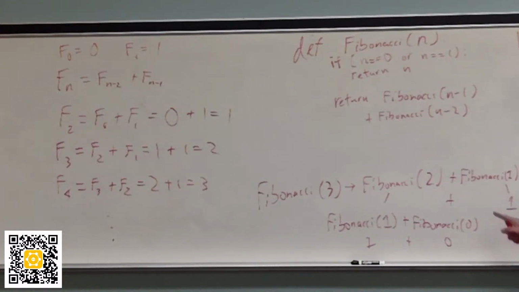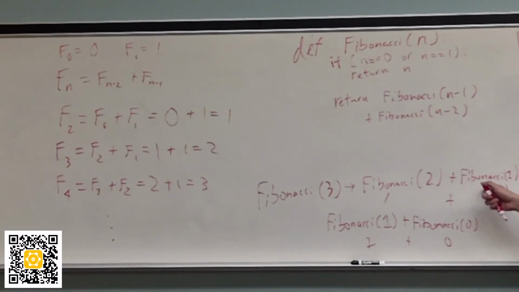We have to get it 2 times. Why do we have to get it 2 times? It's calling itself, right? So Fibonacci of 1 is 1, but Fibonacci of 2 is Fibonacci of 1 plus Fibonacci of 0. But we already saw Fibonacci of 1, right?